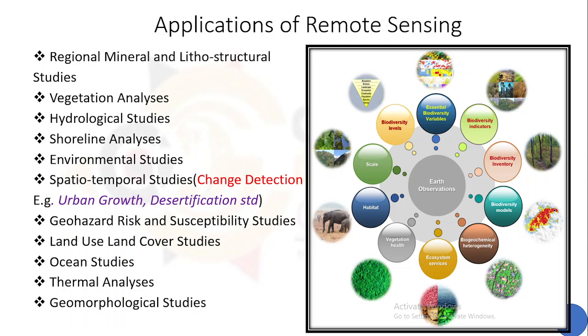We are detecting the changes that have occurred through time, for example urban growth and desertification studies. The next in line is geohazard risk and susceptibility studies. We can map certain geohazards like earthquakes, landslides, liquefaction, slope failures, and floods. We can map all these things using remotely sensed images.